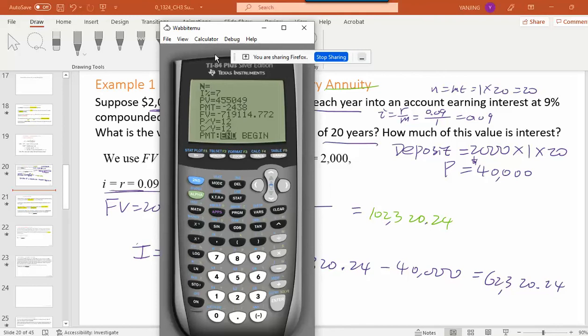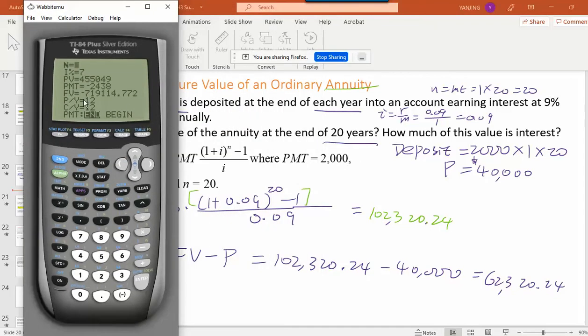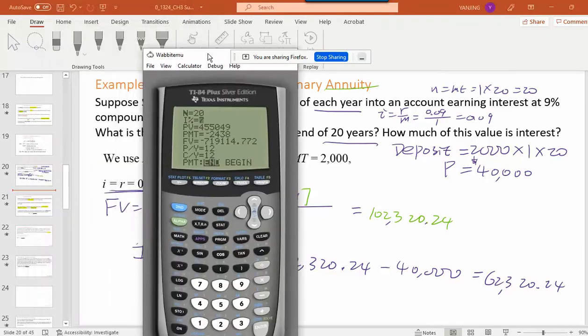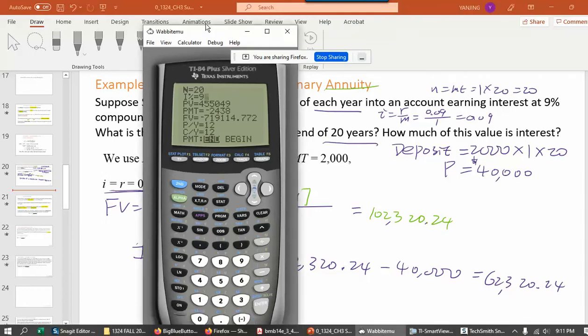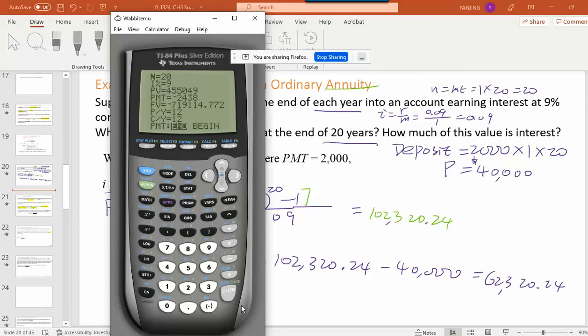You can use this one to calculate the annuity, okay, only for the annuity. This N here is the total number of deposit times. So you have 1 times 20, so you deposit 20 times. The good news is for this app's interest rate, you will use the percentage, so that's 9%. You don't need to change it into a decimal because this app gives you the percentage.